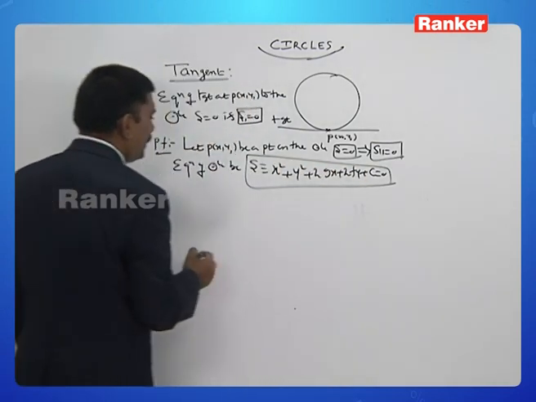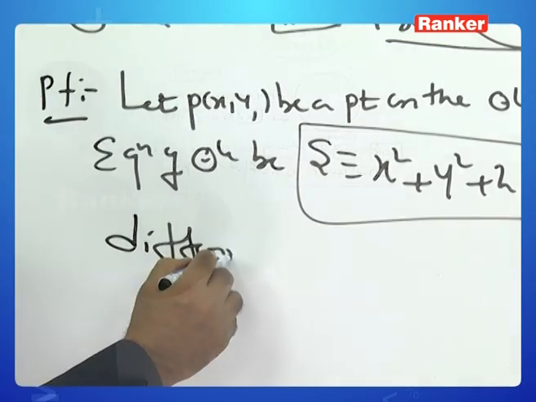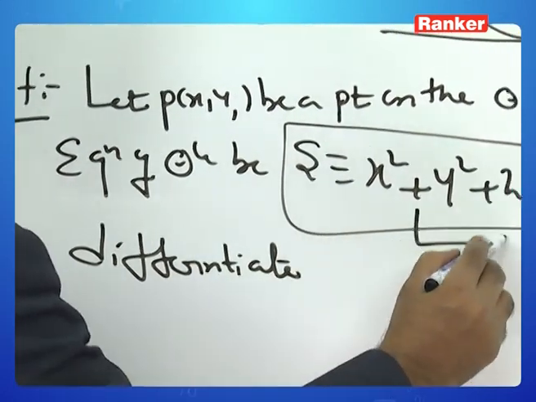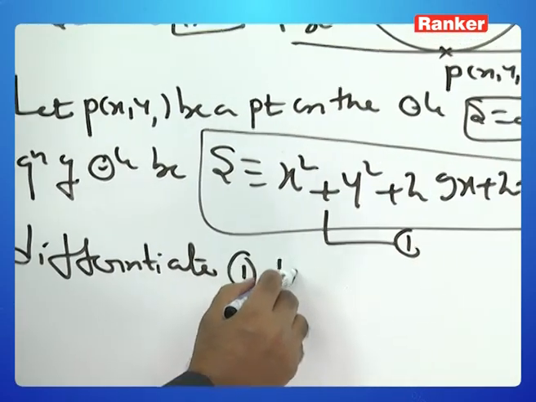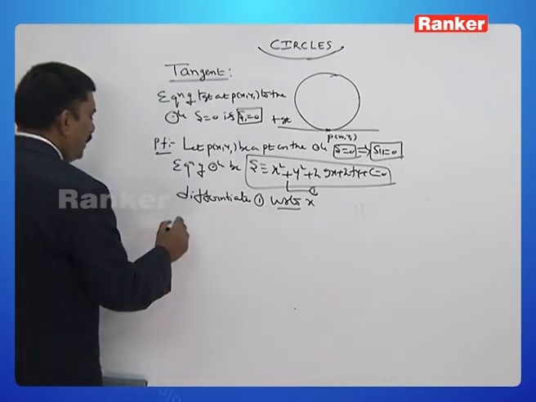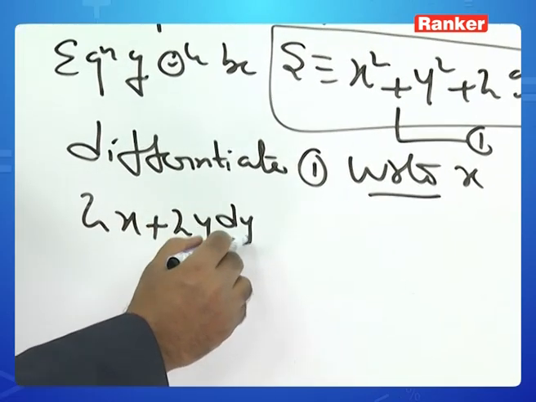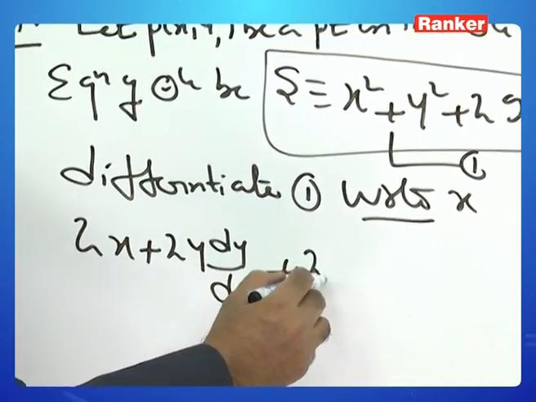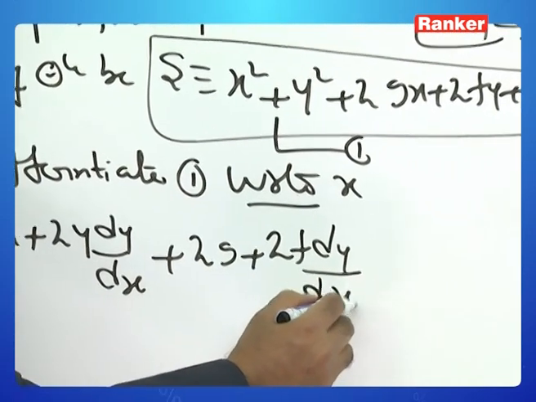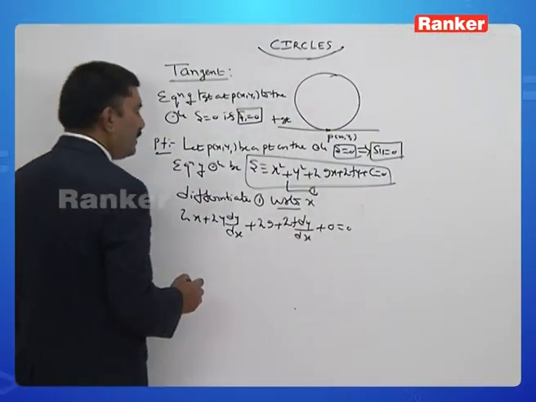Now differentiate with respect to x. Therefore 2x plus 2y into dy by dx plus 2g plus 2f into dy by dx plus 0 is equal to 0. Why? The derivative of a constant is 0.